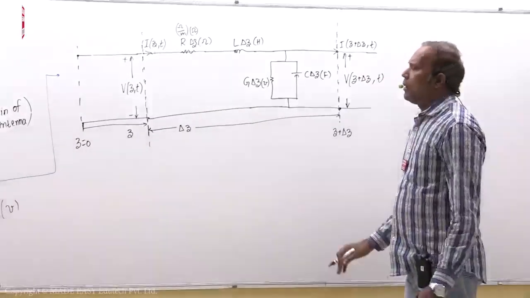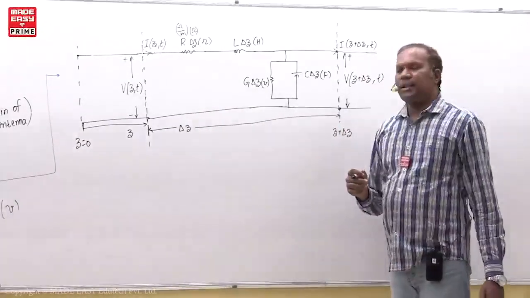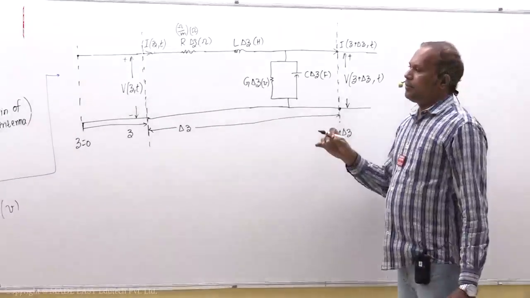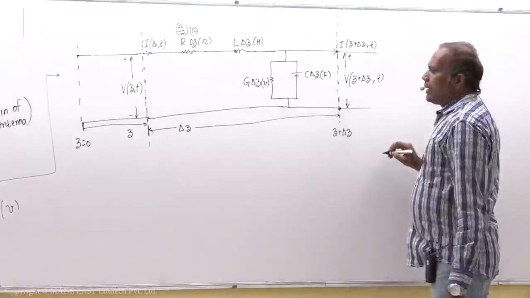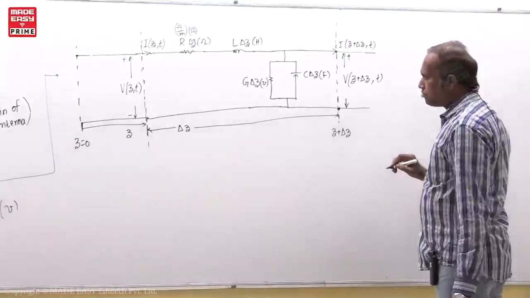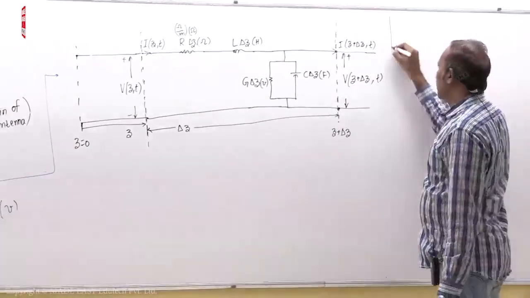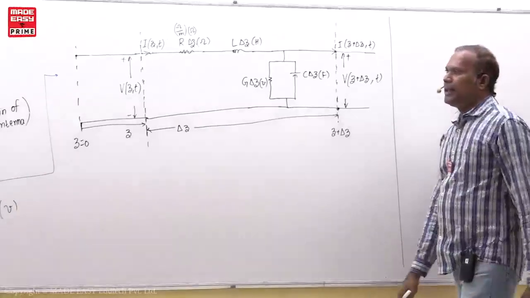So now I am going to write the transmission line equations using the shortcut method. First I will write the voltage equation.